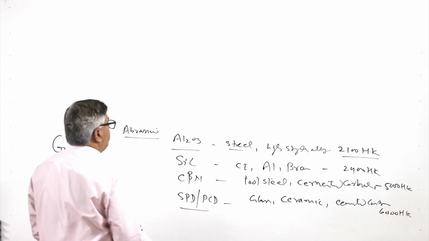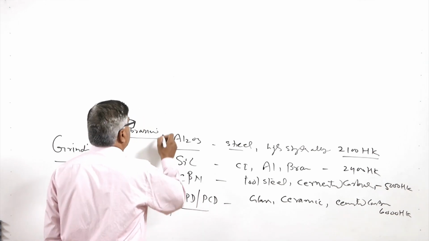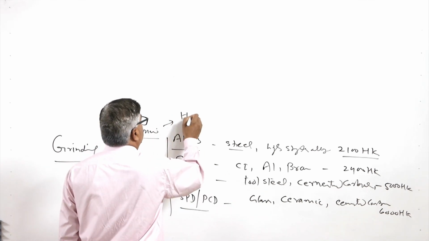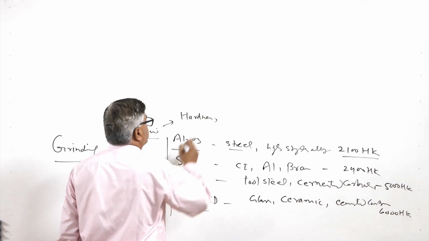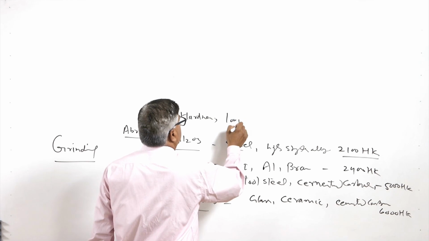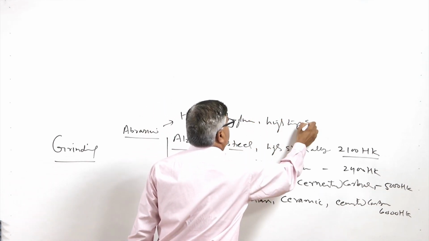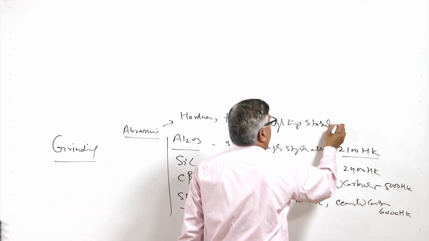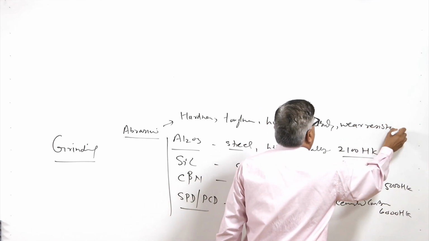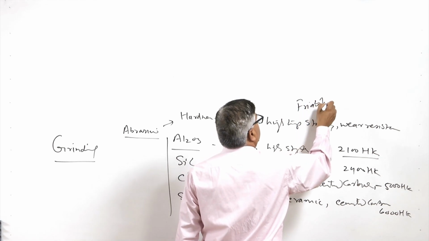Hardness is one of the important parameters, but apart from hardness, just like any other tool material, we need to look for other properties in the abrasives, because they actually perform the grinding process: hardness is needed, toughness is needed, high temperature stability is required, then wear resistance is required, and the fourth important one is friability.